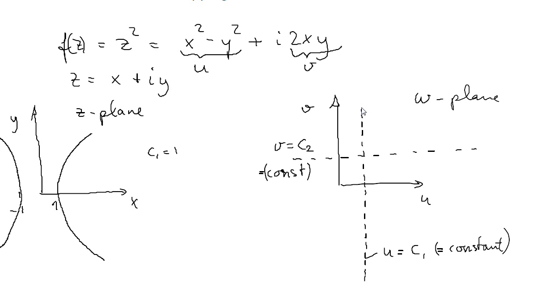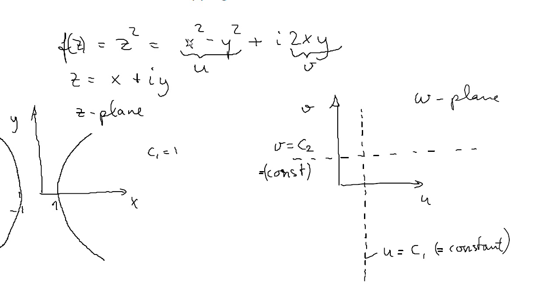Let's see what type of lines in the domain of definition have a vertical line as their image. And to do this, we just write u equal to some constant c1.